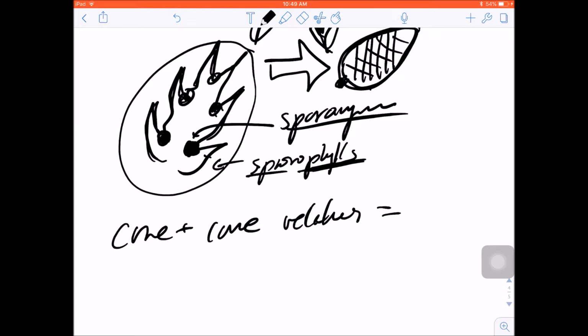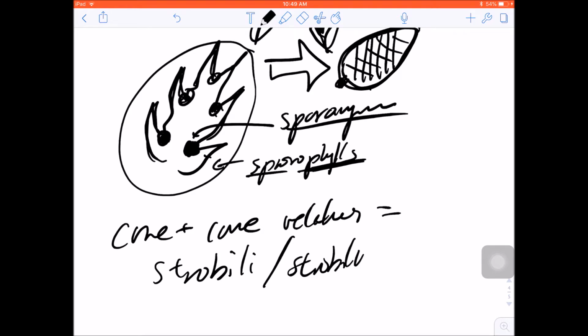Are all called, what are they called? I'm blanking. They are called strobili, or strobilus. So this terminology will apply for the gymnosperms, as well as the club mosses and the horsetails, which we'll see in just a little bit.